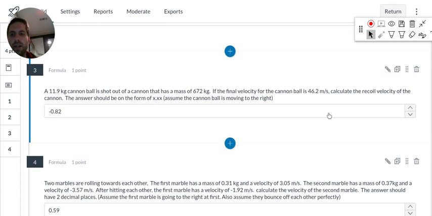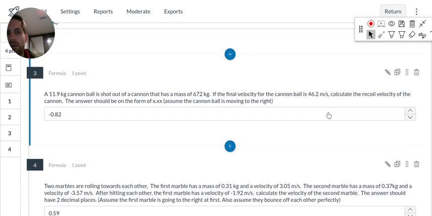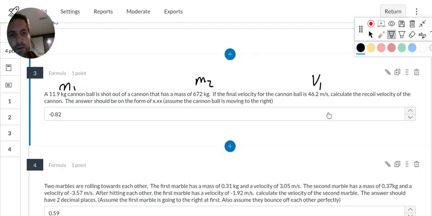All right, this cannonball, say that's M1. This cannon, M2. And we know the final velocity of the cannonball is this, V1 final. We want to know V2 final of the cannon itself because it's going to recoil backwards when it's shot. So we know it's initially at rest.